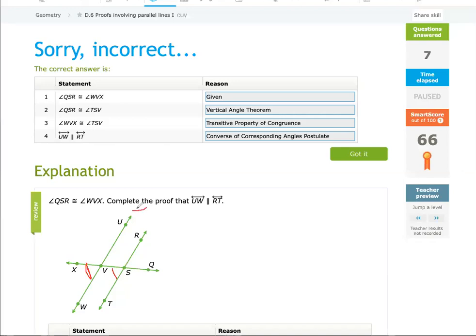So this line right there moves over to this line. These two angles should be corresponding, so that'd be corresponding angles postulate. But this way we're going towards proving that these two lines are parallel. So in this case, it's going to be the transitive property of congruence based off the statements of 1 and 2.